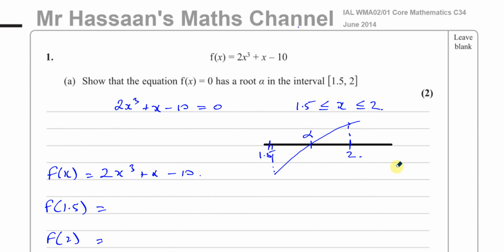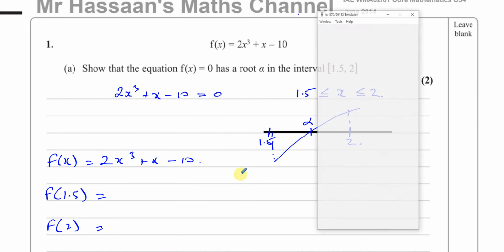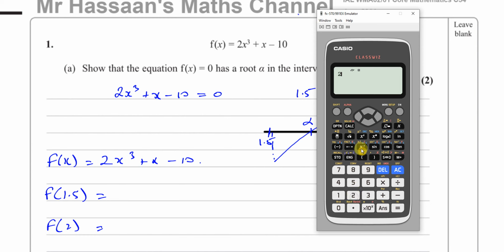Because we can see that it's a continuous function, it doesn't have asymptotes. So if I replace x with 1.5 inside this function, I'll have 2 times 1.5 cubed plus 1.5 minus 10.